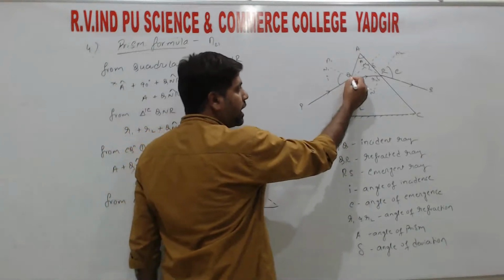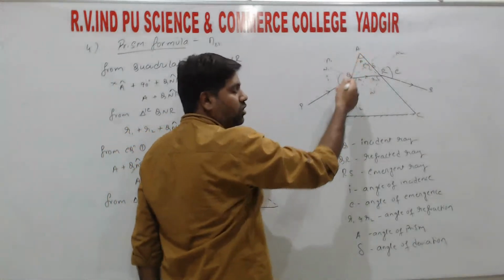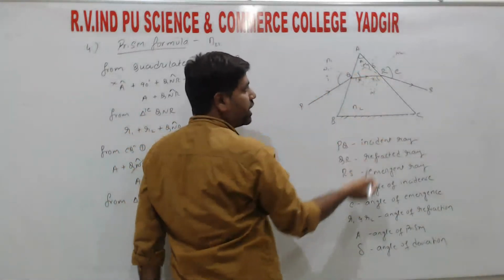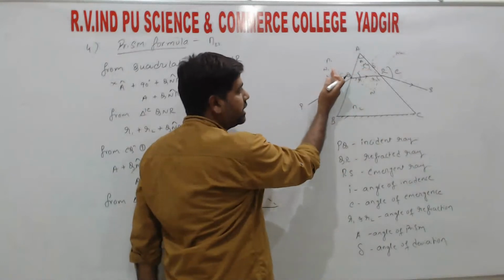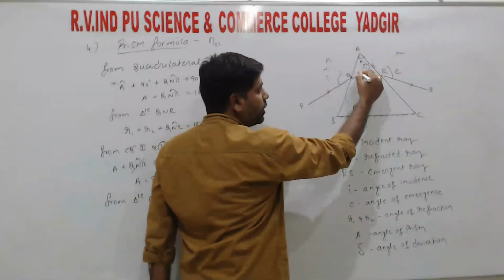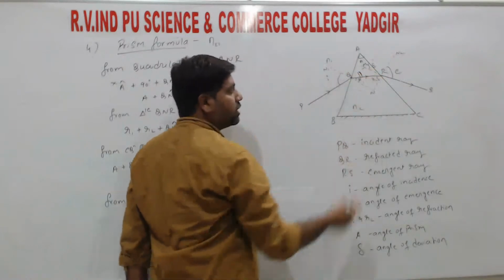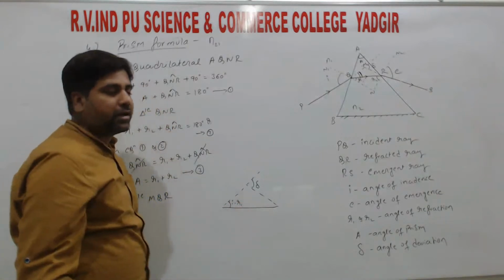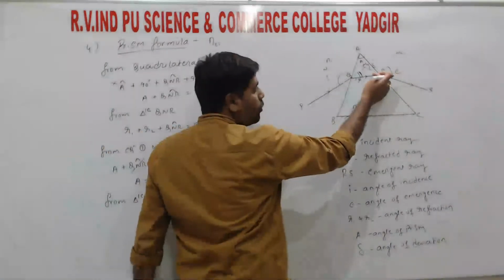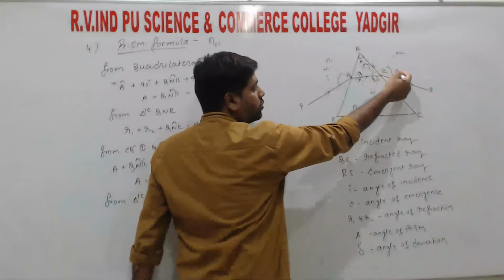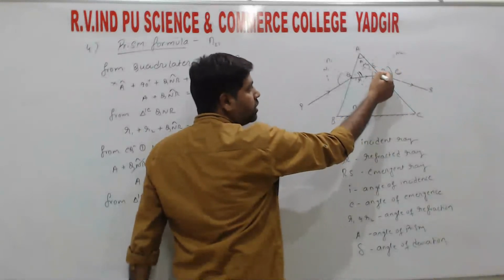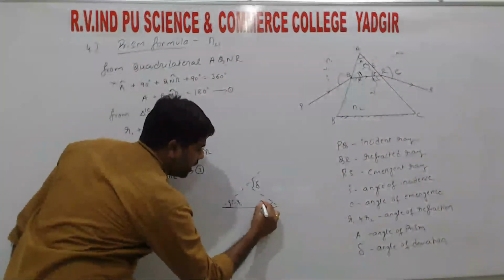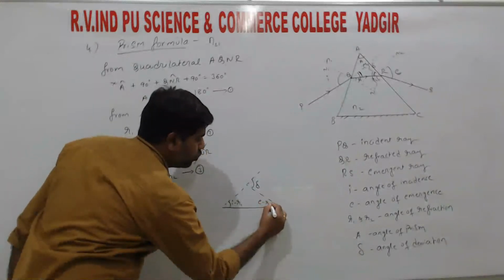From the law of refraction, the angle here will be I, that is because of the opposite angles. What we need is this angle, so we can take that angle as I minus R1. In the same way, here there is angle E, so opposite angle is also E. What we need is only the small angle in the triangle, so this angle we can write as E minus R2, right?